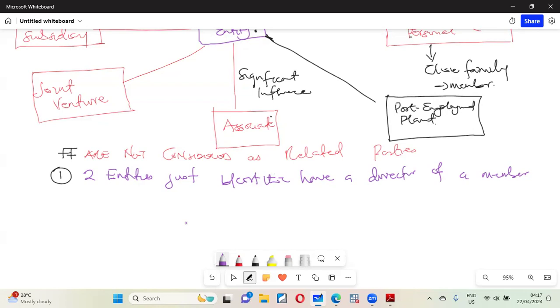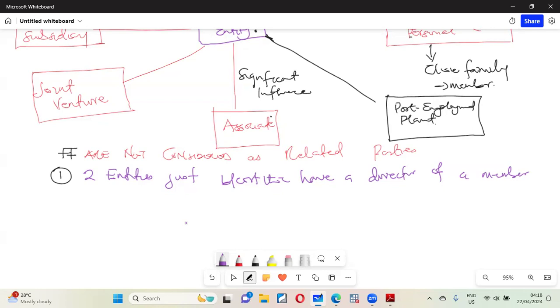Again, we have a joint venture, two companies in a joint venture, just because they share joint venture control. And what do we mean by that? Let's say company A and company B have come together in a joint venture to do a business venture.